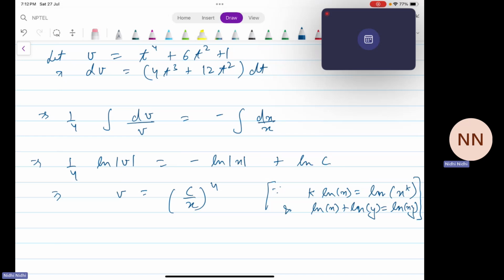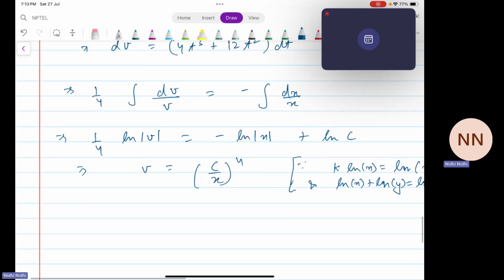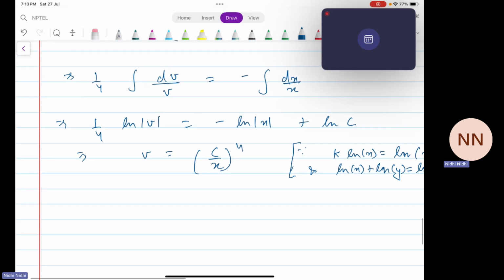Basically, using these two properties, one can easily reduce this. So we get v is equal to some other constant c1 upon x power 4.